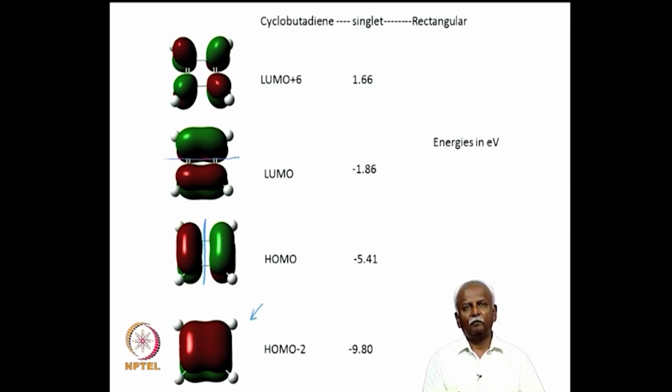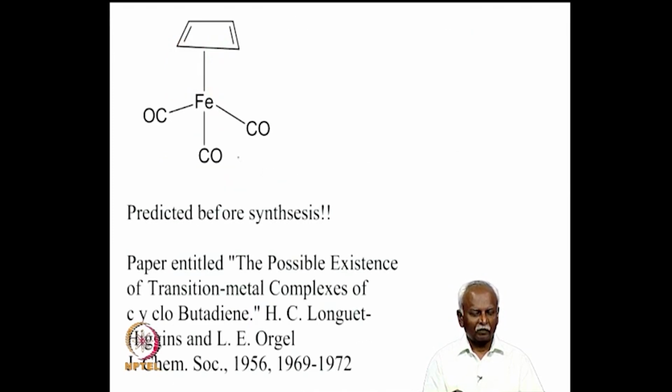Now, we can in fact take these molecular orbitals and interact them with the metal orbitals just the same way that we did earlier, and you will form a nice molecular orbital picture for the cyclobutadiene metal complex. But when the cyclobutadiene interacts with the metal, it very often forms a square geometry. In fact, this is one of the first molecules that was predicted before the molecule was synthesized.